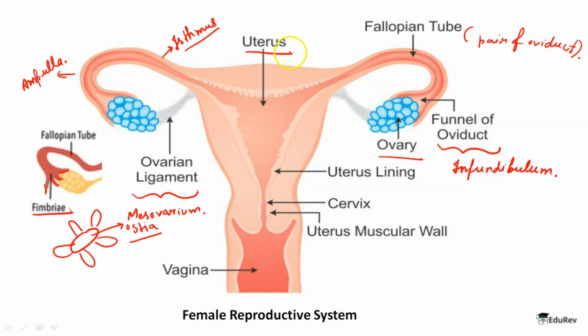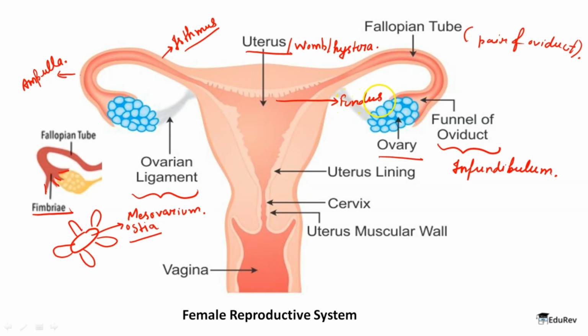You can see here. And this uterus is also known as womb and hystera. We have divided uterus into three parts. The first one is where both the fallopian tubes open. This is known as our fundus.